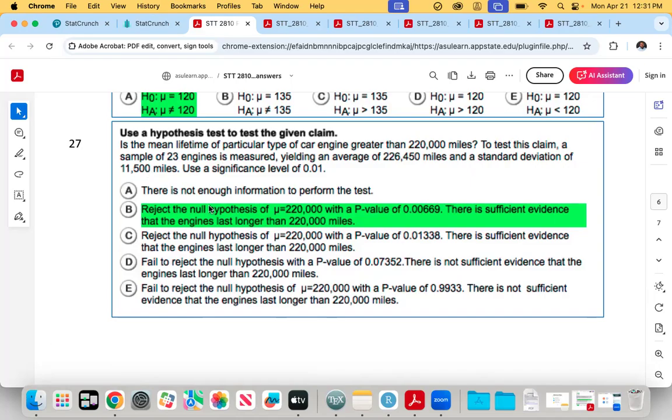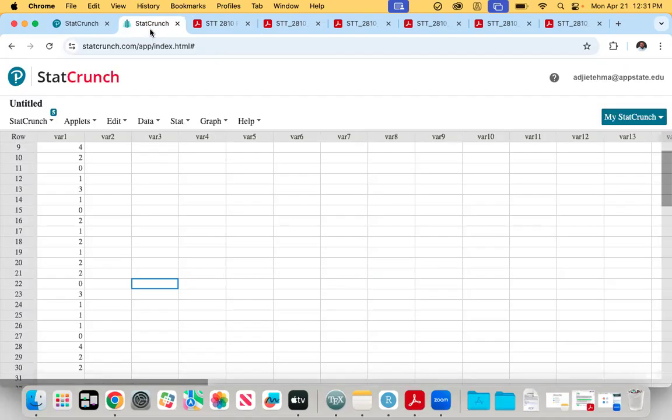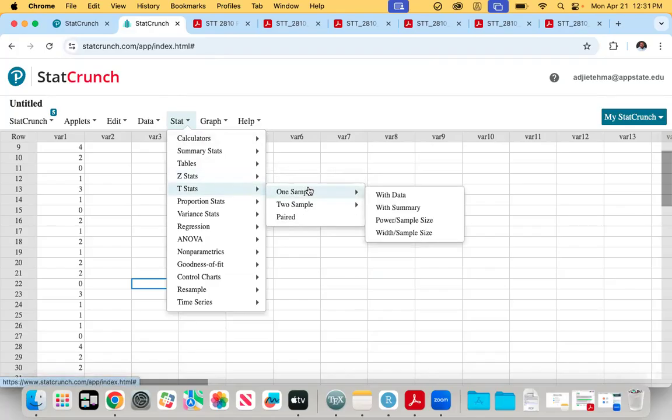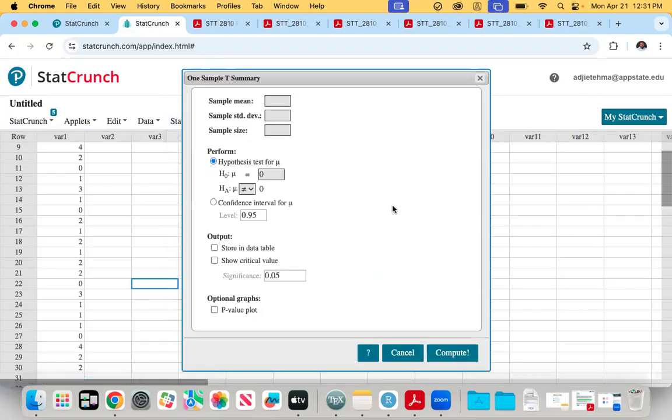Now here I could see that the p-values are different, which means that I need to use StatCrunch, and we're also going to make a decision. So let's use StatCrunch to do this. We go to StatCrunch, Stats, T stats, one sample with summary. What does a sample mean?